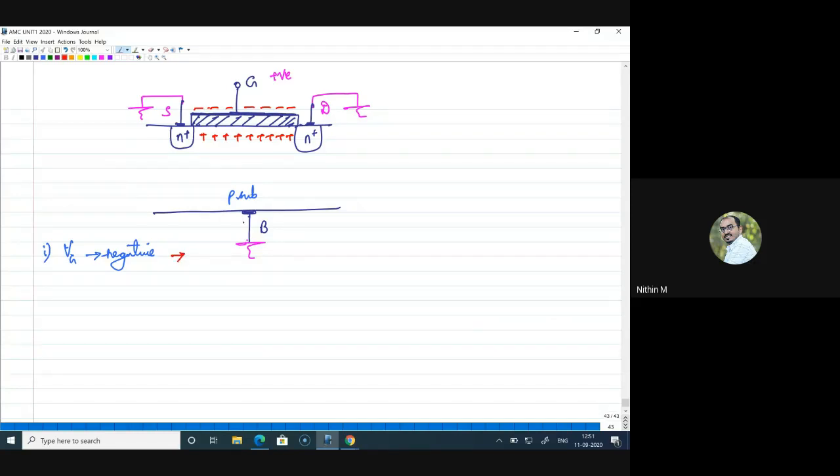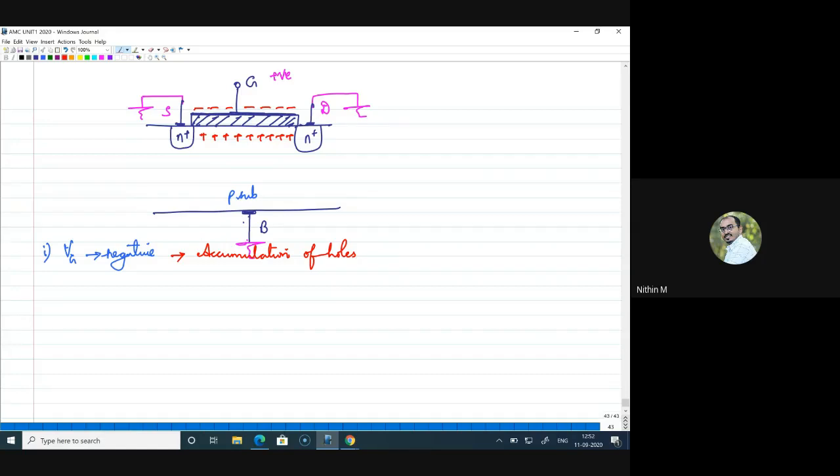The holes in the semiconductor are moving and accumulating beneath the gate region, right? This we call accumulation of holes. Accumulation of holes happens in the region beneath the gate because of the application of negative voltage to the gate.